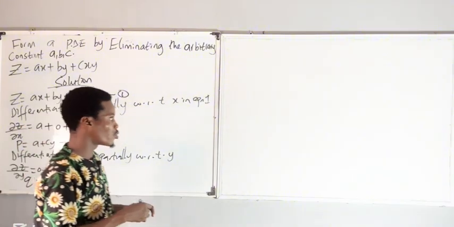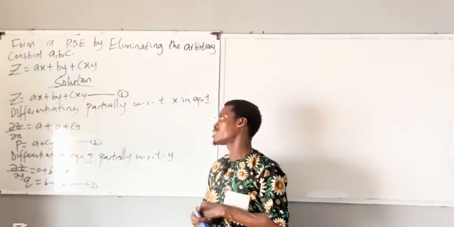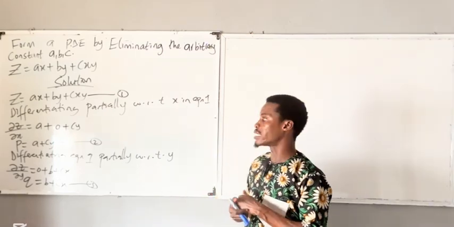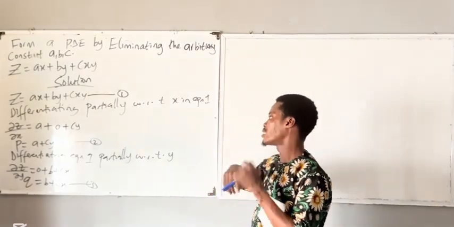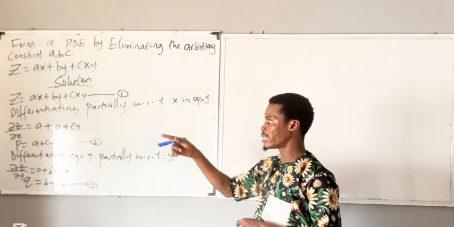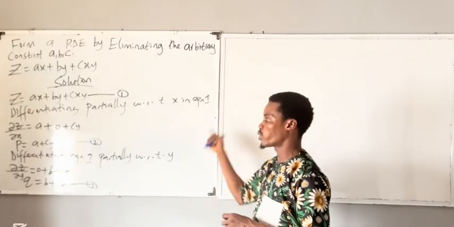So what are we going to do next? Since we have c here, we are taking it to second order. So I'm going to differentiate with respect to x again because of the c. I'm going to differentiate the partial z over the partial x with respect to x.